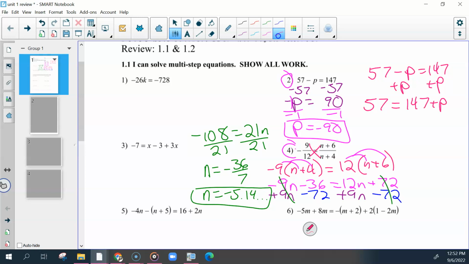But my end goal is still to get p by itself, so now I can move 147 back. This would give me negative 90, and I didn't have to divide to get that negative. So you would get the same thing either way, it's just how you would rather solve it. That's just 6.